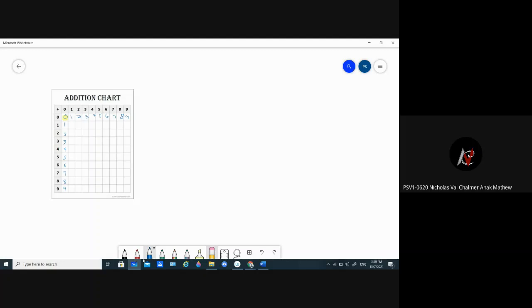So these are the facts that we are teaching them. 0 plus 0 is 0, 1 plus 0 is 1, 2 plus 0 is 2, 3 plus 0 is 3. So the first row and first column is the adding 0 strategy.